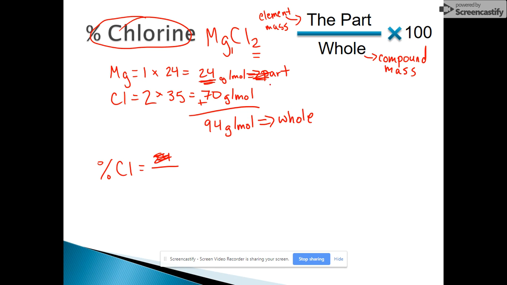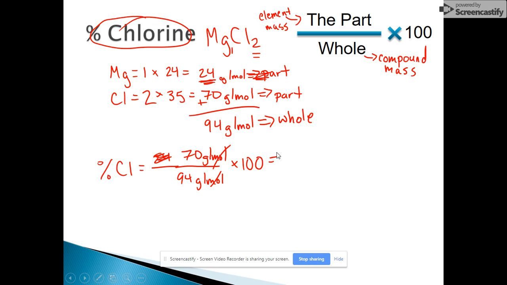This is not our part. We're looking for chlorine, so this is going to be our part. My apologies. So our part is 70. If you were doing magnesium, then you would use 24. Our whole is 94, which is the molar mass of the entire compound. Our units cancel out, times 100.